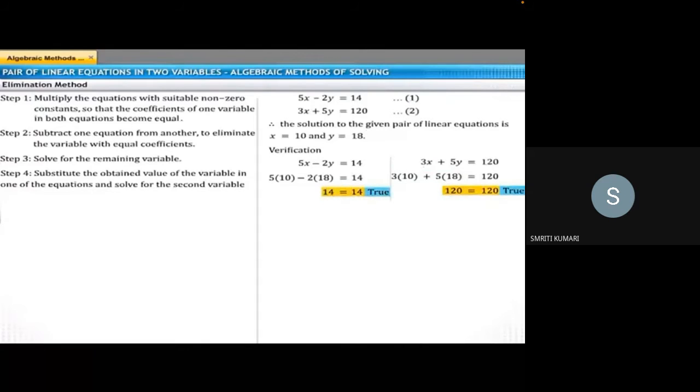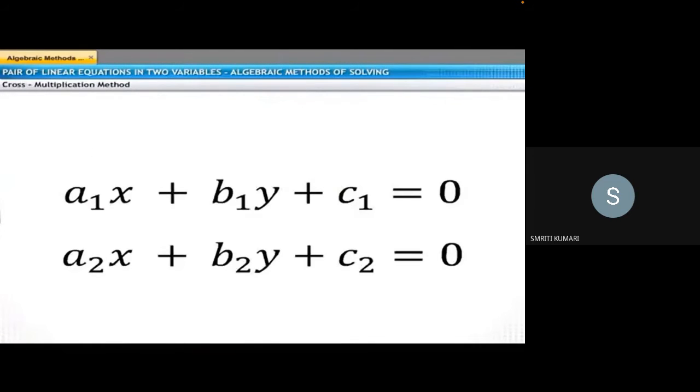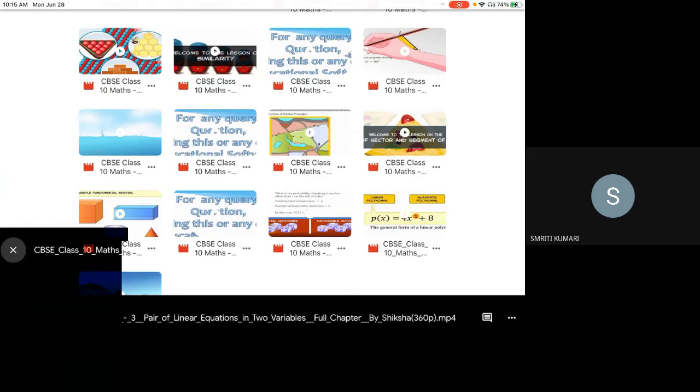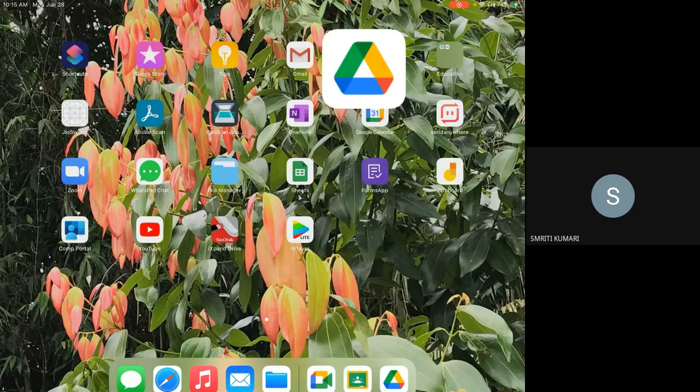Both equations are true when you substitute. Based on this, we have the exercise 3.4 problems. Let us see them.